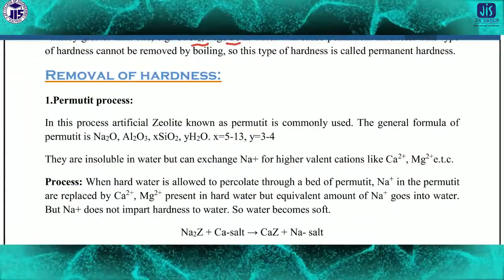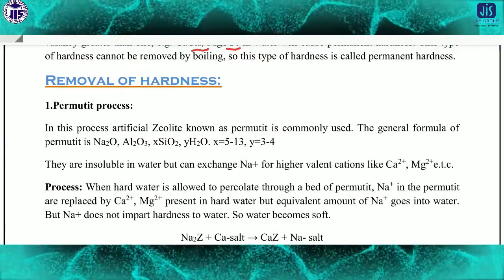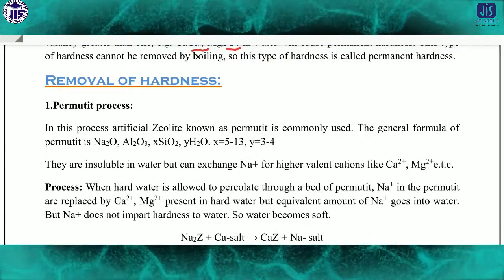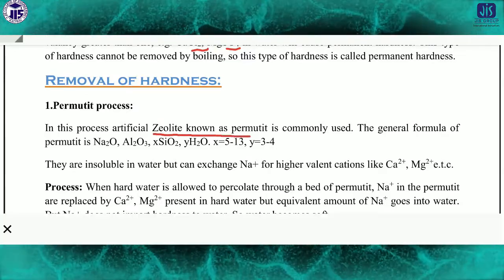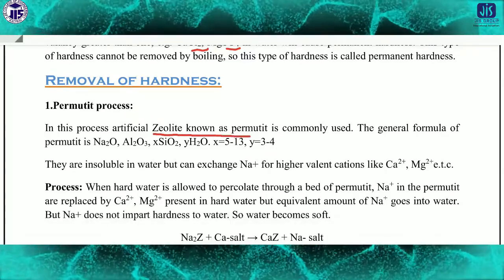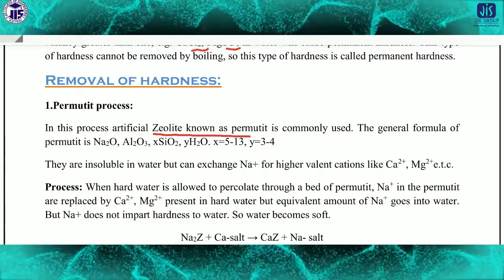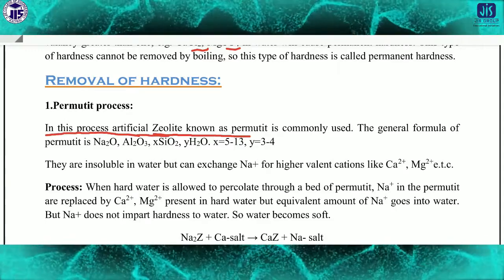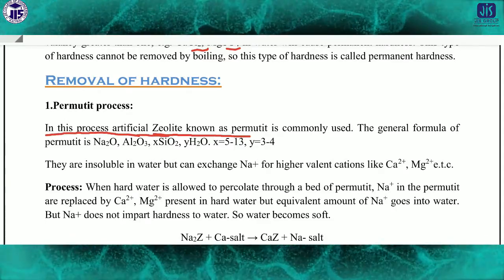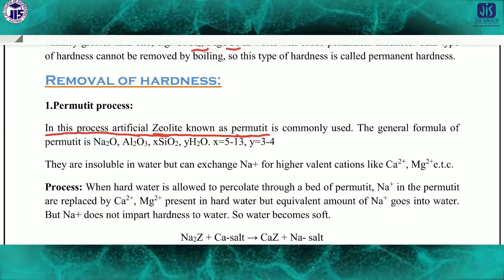What is the permutit process? In this process, artificial zeolite is commonly used. That means in the permutit process generally artificial zeolite is used, and artificial zeolite is known as permutit.